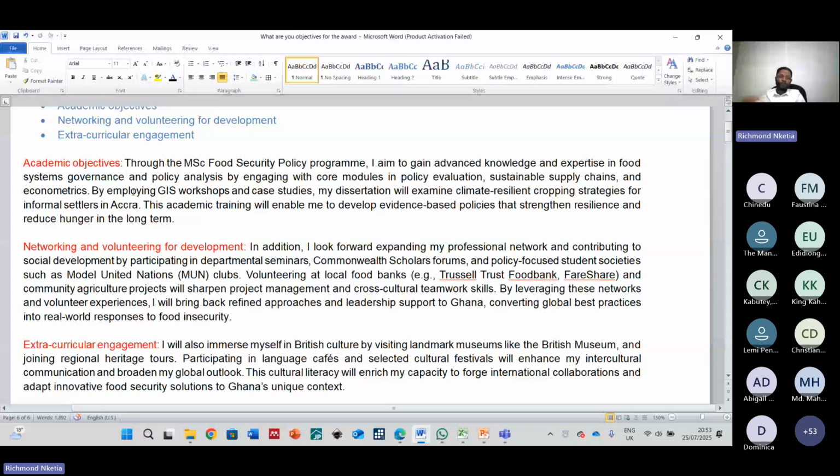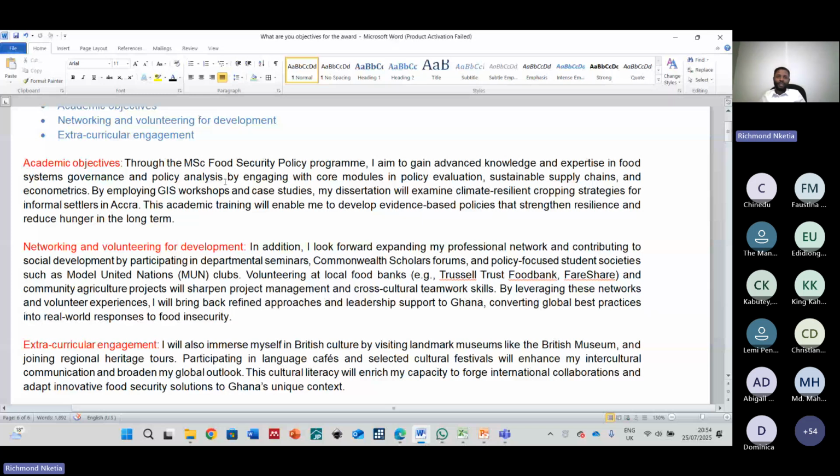I want knowledge, I want expertise or skills in food system governance, and also skills in policy analysis. Remember, I've said up there that we've got issues with policy analysis and policy development in our country, and it is an area that needs bridging. And so train me in the UK.